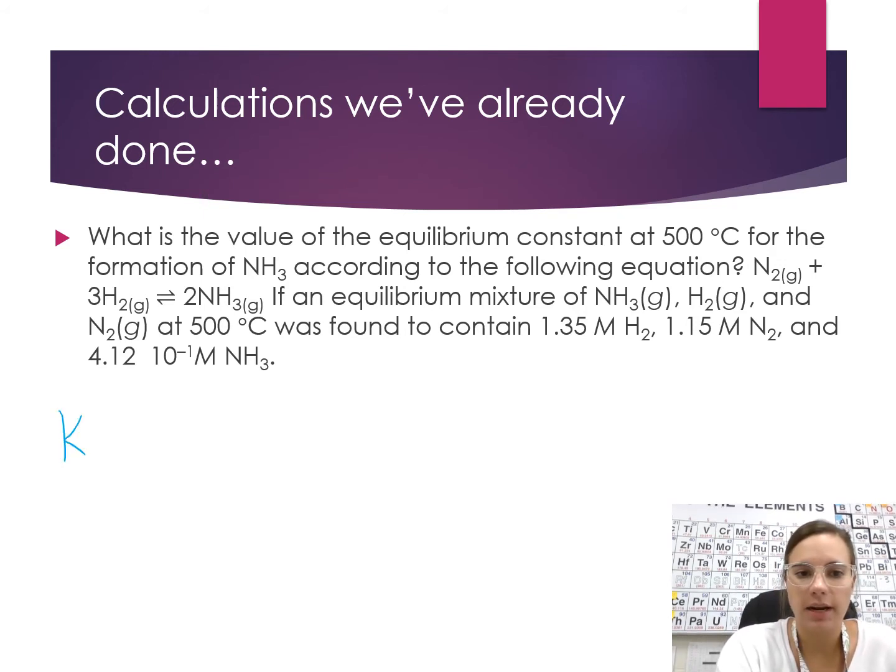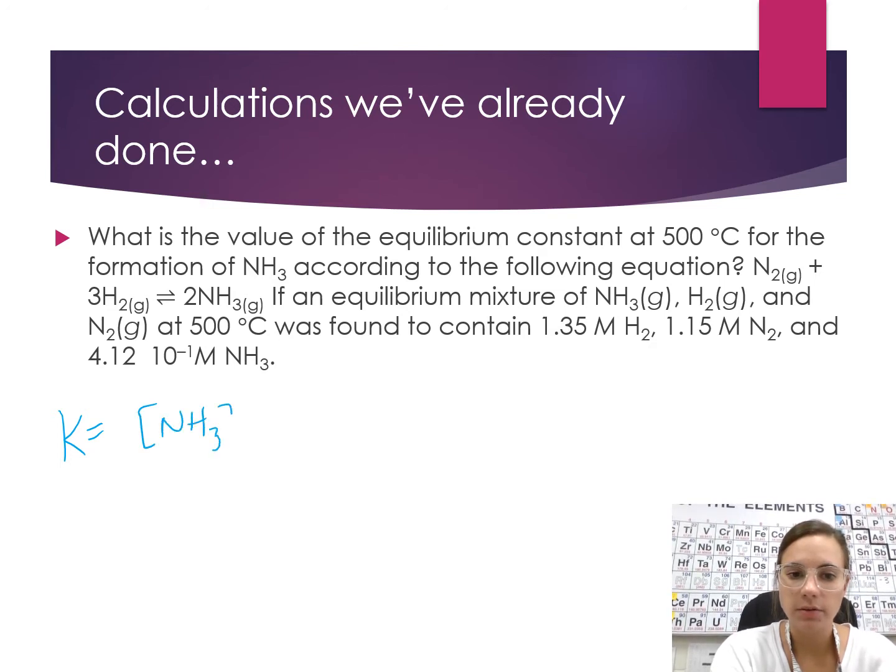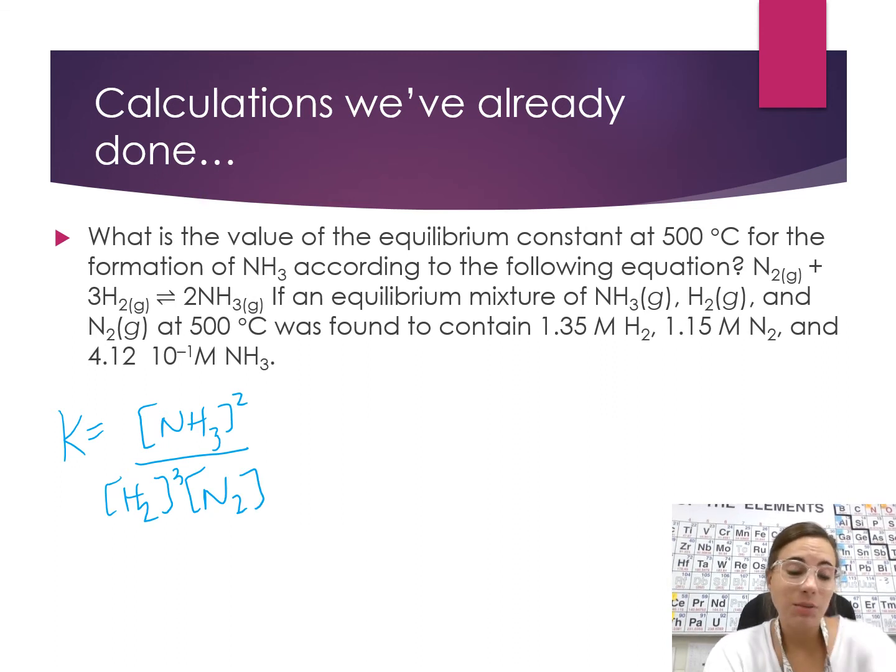So the first thing that I have to do is write my K expression. So products over reactants raised to their coefficients. And now I'm simply just going to plug in my equilibrium concentrations that I was given in the problem.